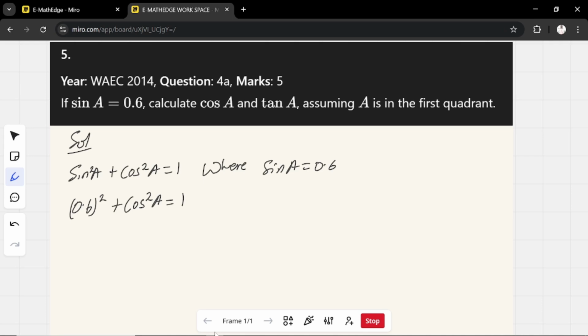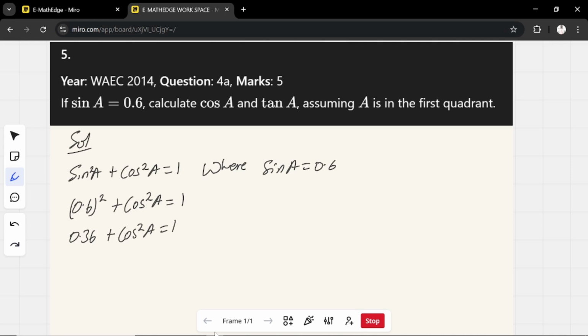Pressing our calculator to know the value of 0.6 squared, we are going to have 0.36 plus cos squared A equal to 1. Now we have a constant number here, 0.36, and we also have a constant number on the right hand side, 1. So what we are going to do is to balance the equation by collecting the like terms, such that this constant number on the left hand side will go to the right hand side.